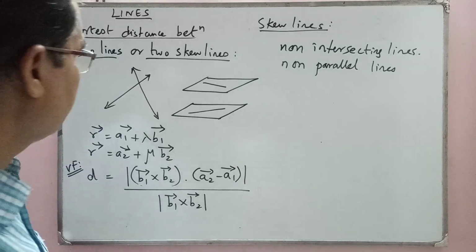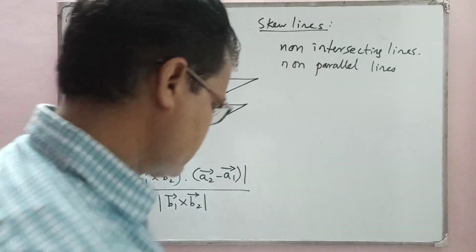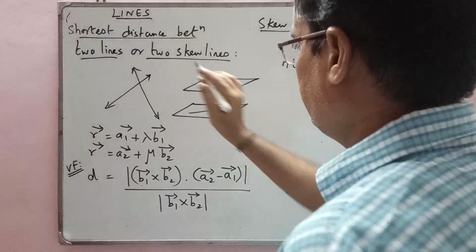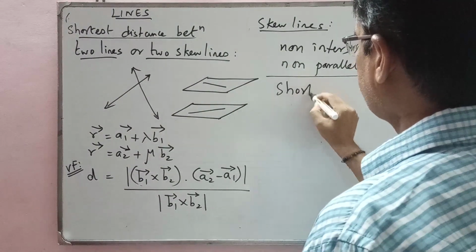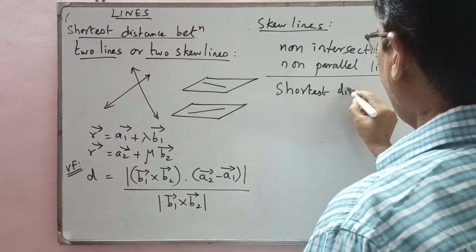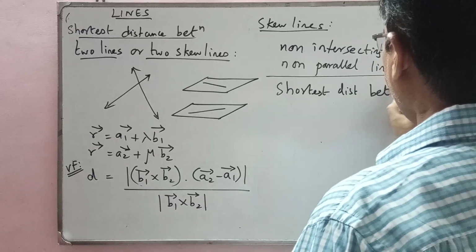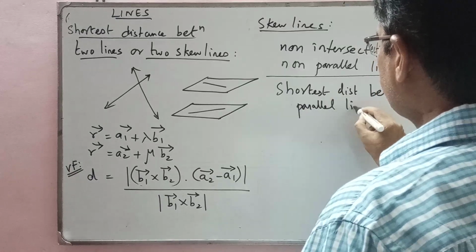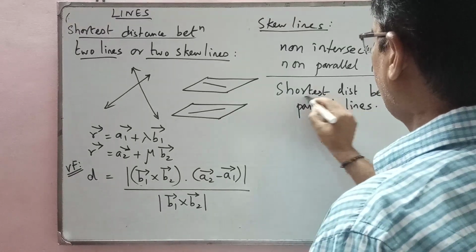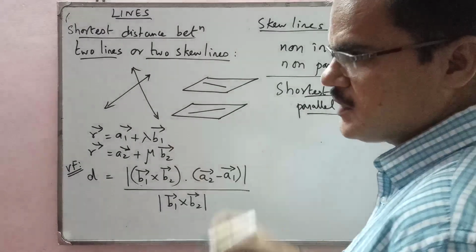Okay, next we are going to see shortest distance between parallel lines. This was for non-parallel lines. So next, shortest distance between parallel lines. What do you see same in parallel lines? Directions will be the same.